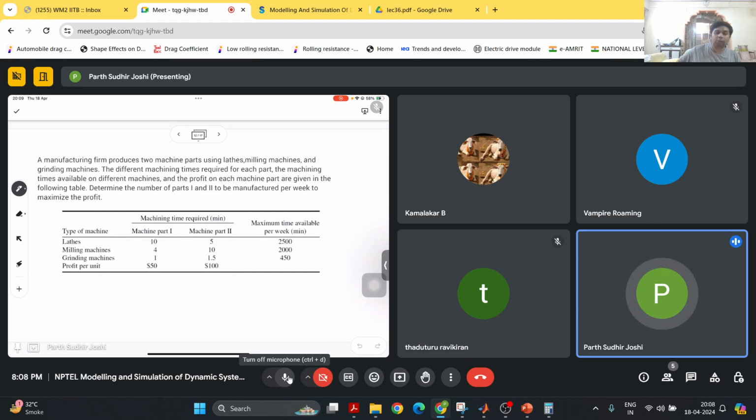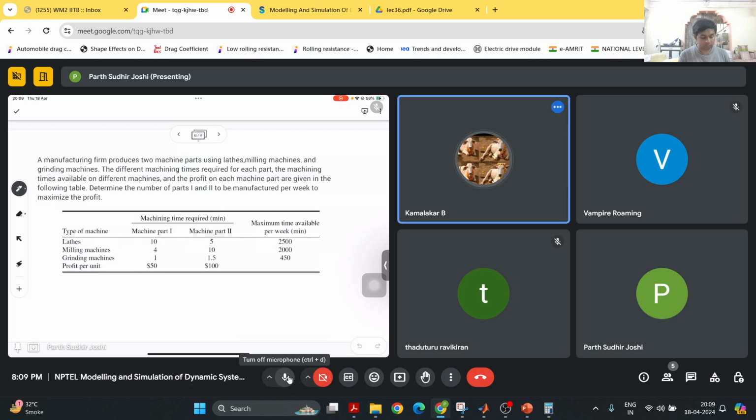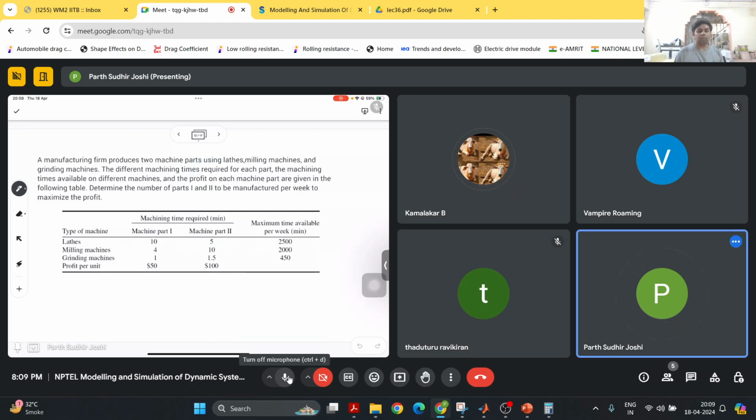We need to formulate this problem and solve for the optimum number of parts 1 and 2 to be manufactured so as to maximize the profit. I'll give you a minute to go through the problem.